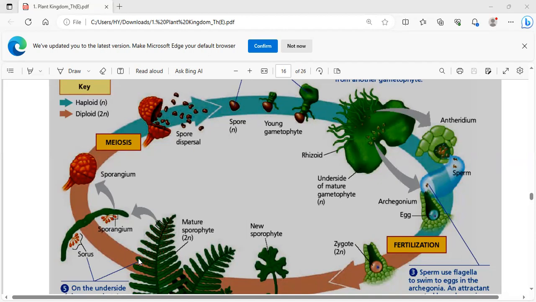The sorus, sporangium: you can see on the abaxial surface, the lower side, that the sori or sporangia are produced.